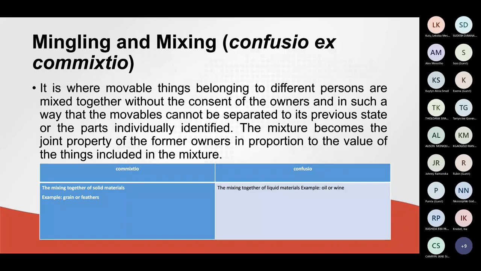An example of mingling would be the mixing together of solid materials, for example, grain, or feathers. Confusio is the mixing together of liquid materials, for example, oil and wine.